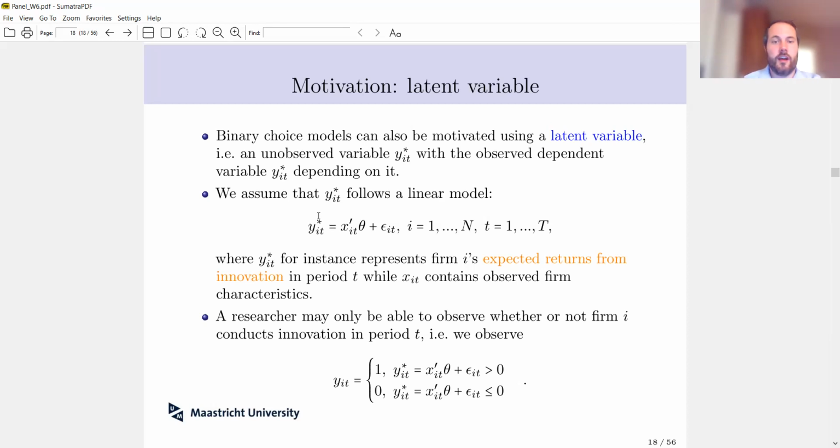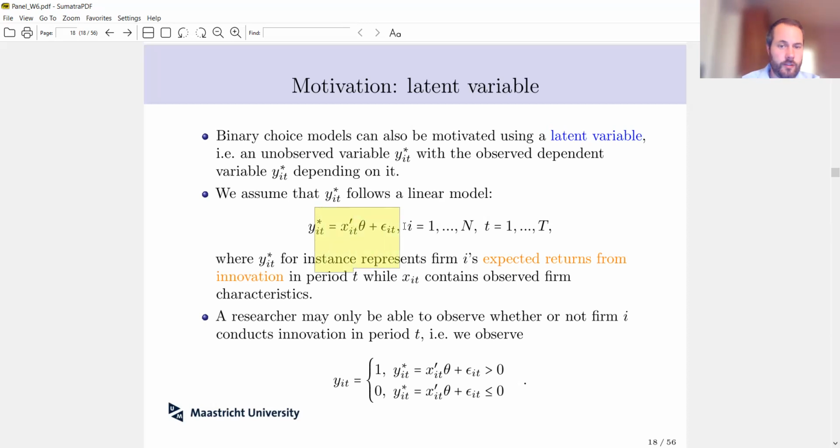For instance, let's say you're a firm and you're deciding whether to innovate, yes or no. Then this decision to innovate will be a yes whenever the additional sales or the additional revenue that you're expecting is positive. So the expected revenue gain would be yt star. This is in principle a continuous variable. However, you don't see it.